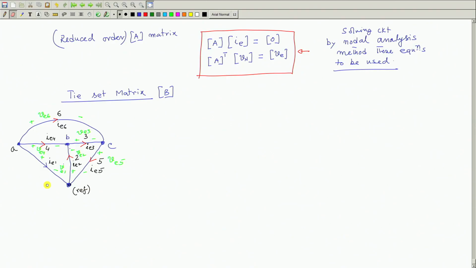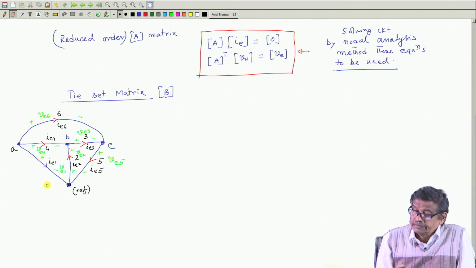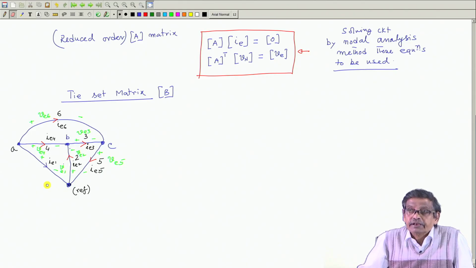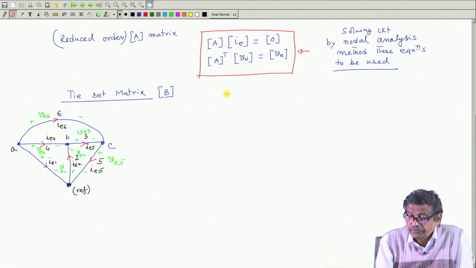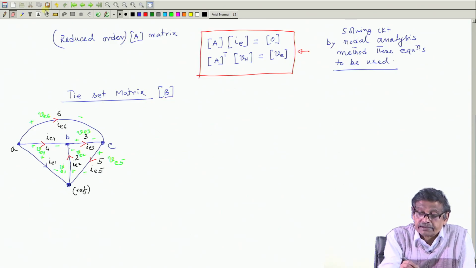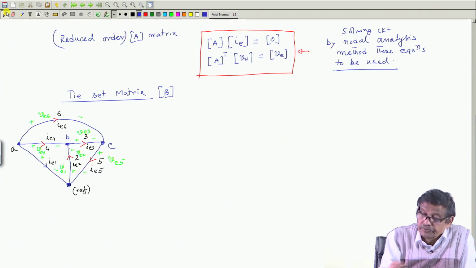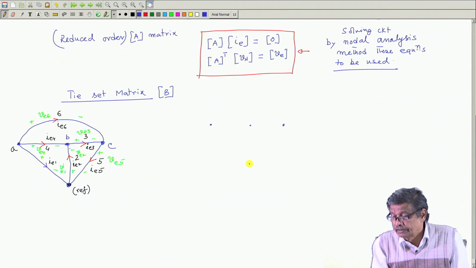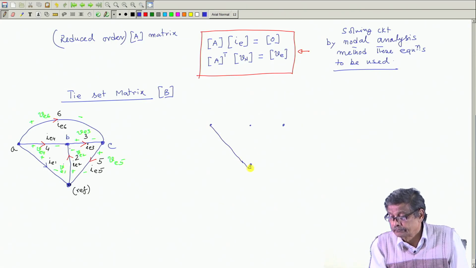Now, given a network, we must now define what do I mean by a tree of a network. So, these are the keywords before I really start cut-set matrix. So, now this was the network, graph of the network. There were 4 nodes.